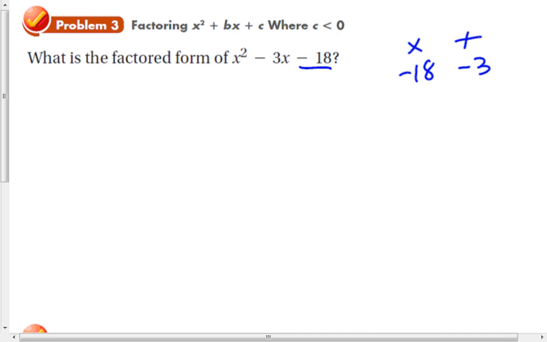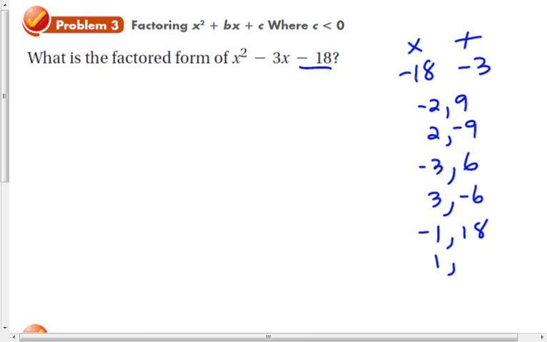So to get negative 18, I need one positive and one negative factor. So it'd be like negative 2 and 9, or 2 and negative 9, maybe negative 3 and 6, or 3 and negative 6. Could also be negative 1 and 18, or 1 and negative 18.